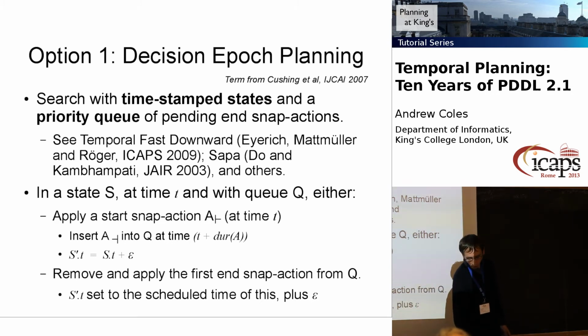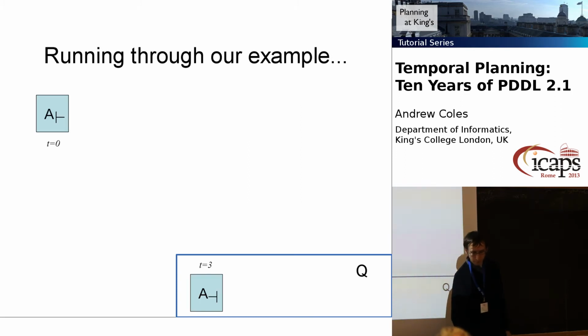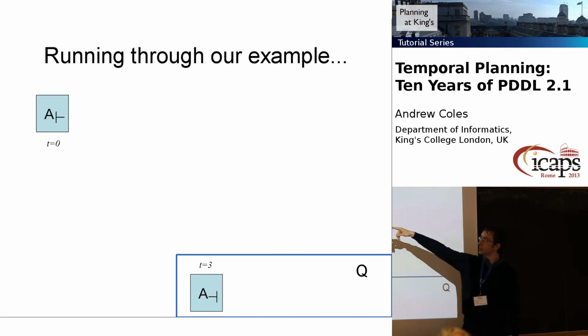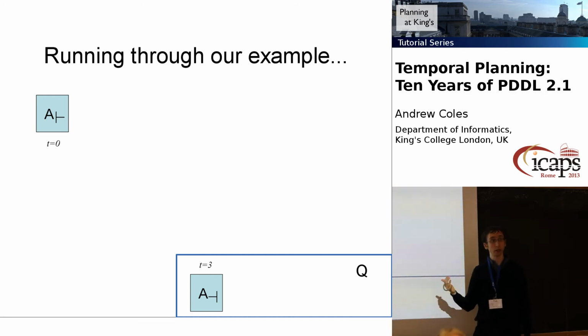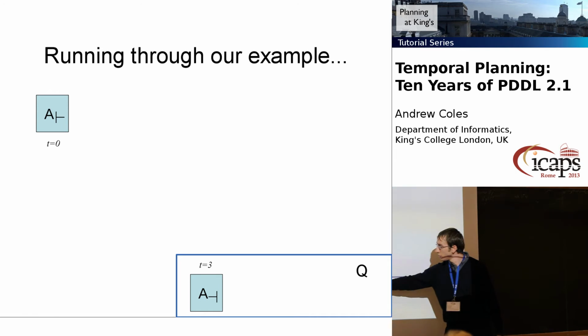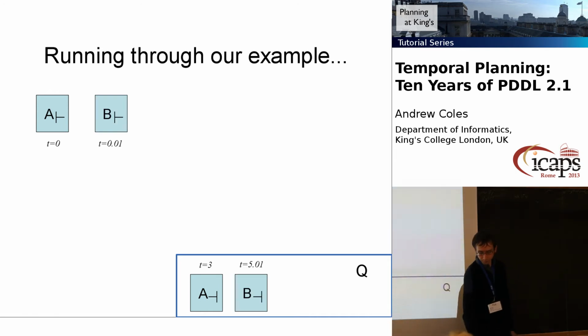If we run through our example, we're going to start A, it's going to go at time 0 because that's the time of the state, and we put the end of it into the queue with time 3 because 0 plus its duration of 3 gives us t equals 3. This is a priority queue sorted by time in ascending order. Apply the action B, it's going to go at time epsilon, and the end of B is going to go in the queue at time 5 plus epsilon, so 5.01 in that case.